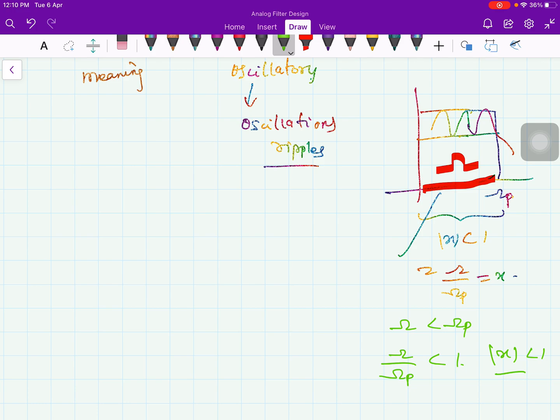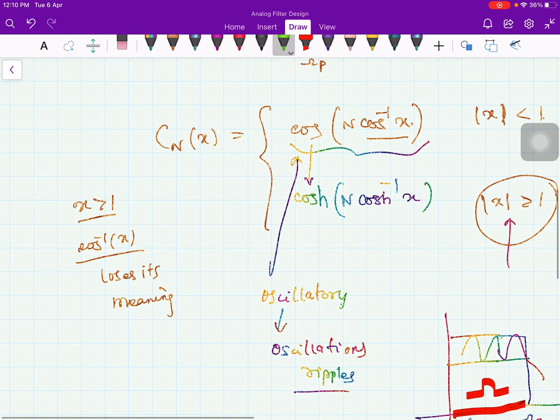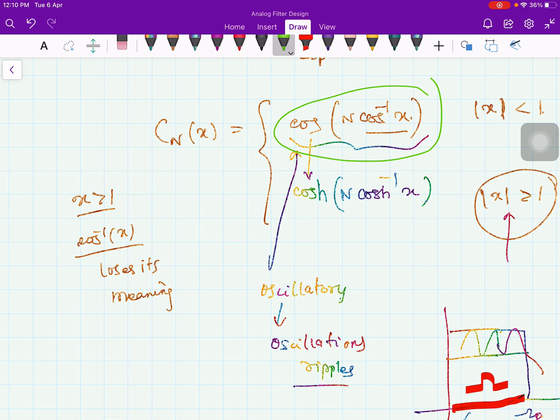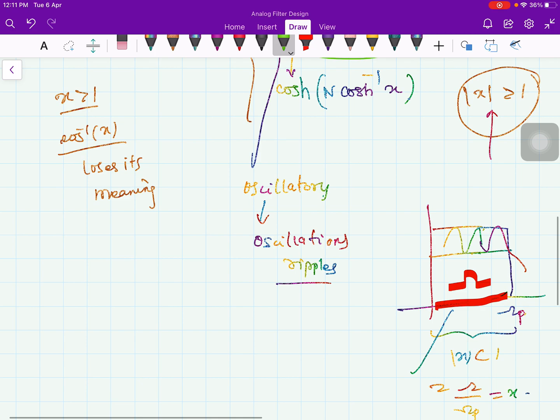That is why we got oscillations in the pass band because of this cos function. So you get oscillations or ripples in the pass band for mod x less than 1. When I say mod x is less than 1, that means omega is less than omega p, which means I am talking about the pass band.